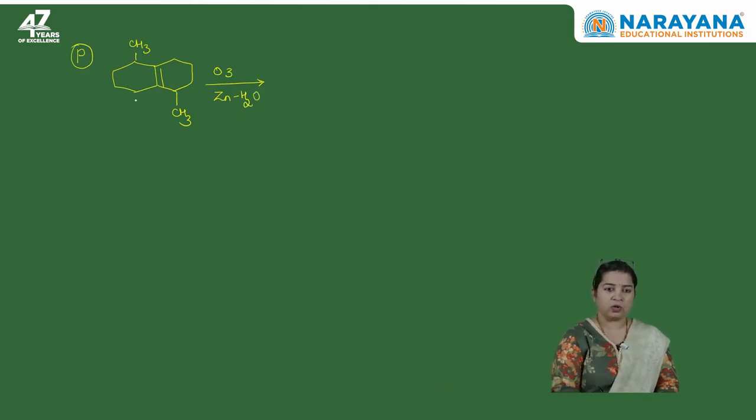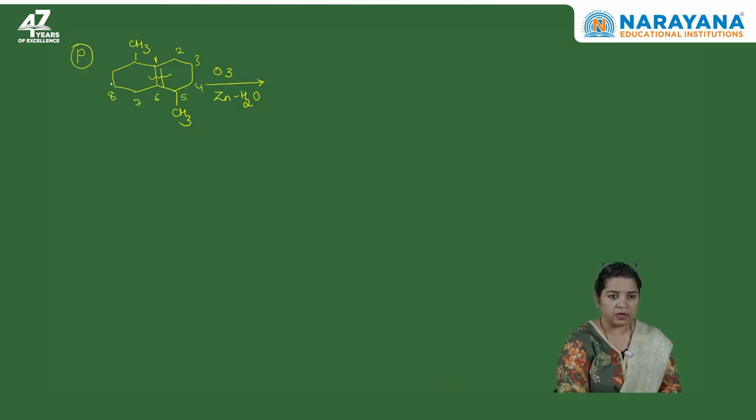Okay, so what will ozone do? Ozone will break this bond. If there had been an aldehyde, then whether zinc is there or not would have played a role, but not here. So I would like to number this whole thing: 1, 2, 3, 4, 5, 6, 7, 8, 9, and 10.